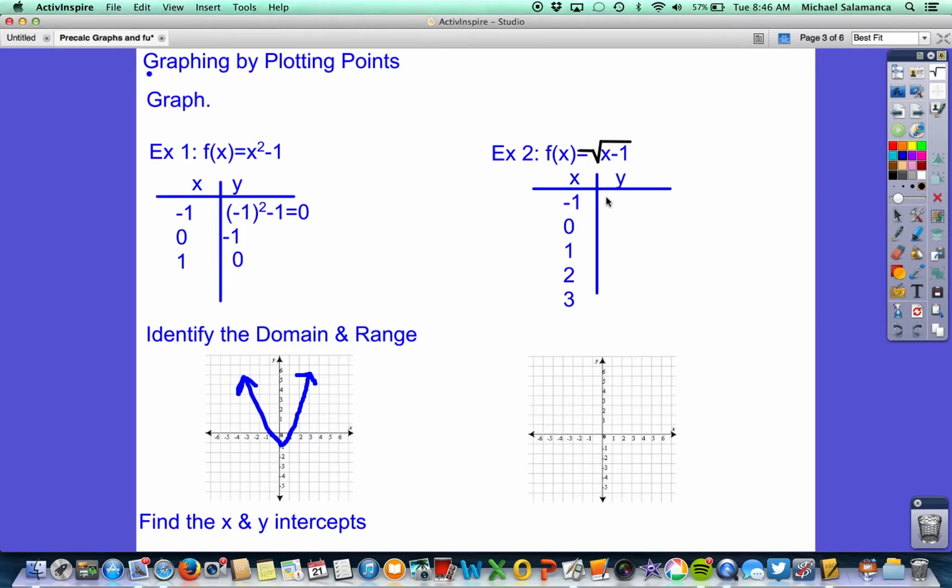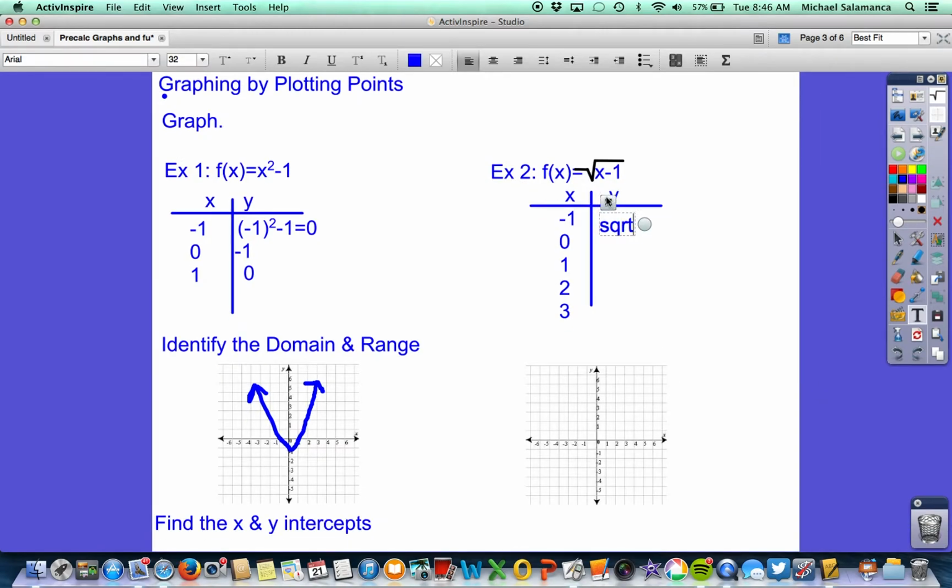When we substitute -1 in there, it becomes the square root of -1 minus 1, which is really the square root of -2, which at this point doesn't exist. It is imaginary, but we're not going to worry about it for now because we can't graph that just yet. If we substitute 0, it's the square root of 0 minus 1, which is the square root of -1. Again, not going to work for us.